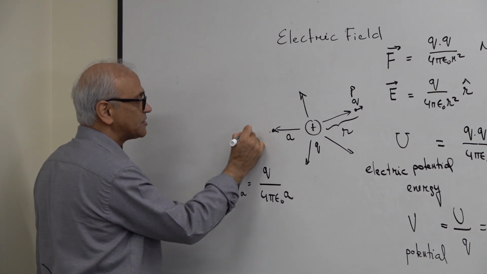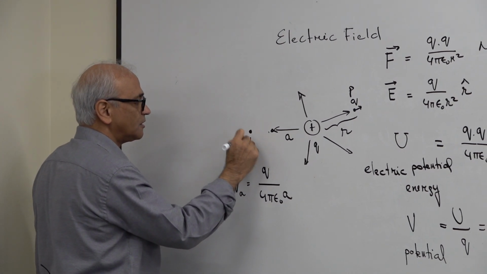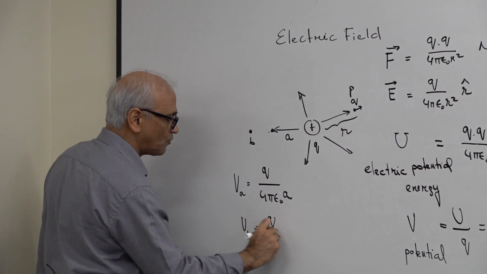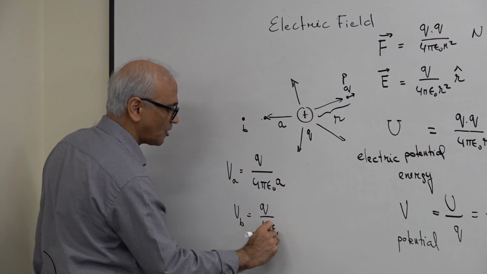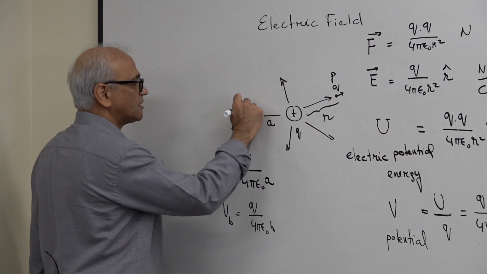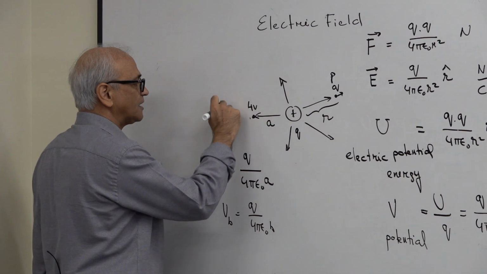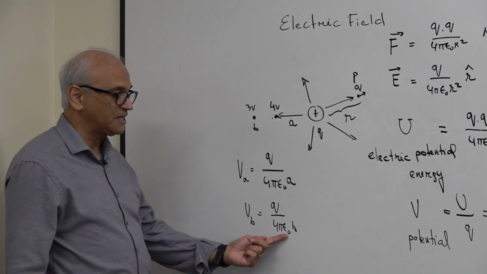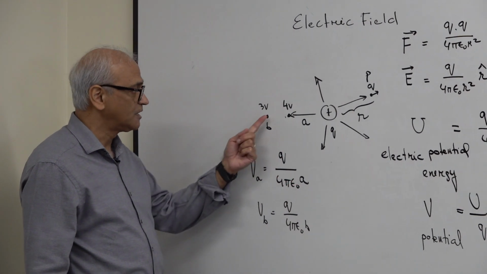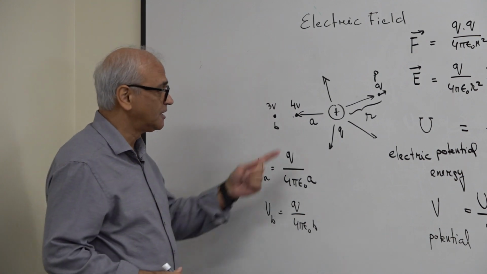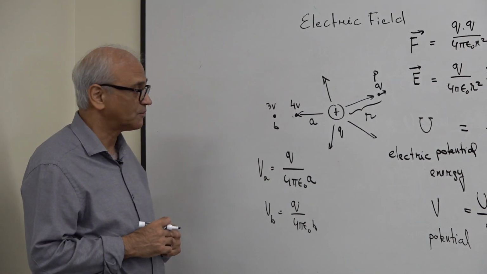And then I measure a point over here. VB would be Q over 4 pi epsilon naught B. So let's say this is 4 volts and this is 3 volts. So it's dropping because B is larger than A, so obviously the potential at B would be lower than the potential at A, right?